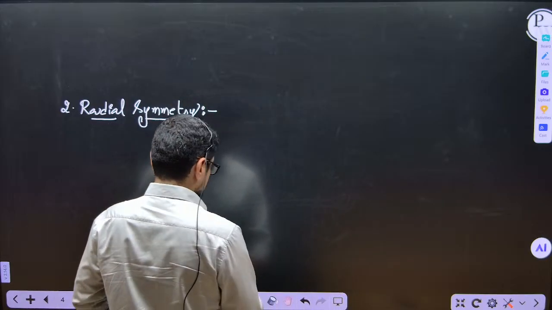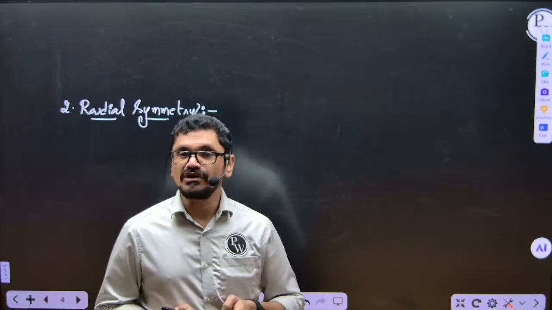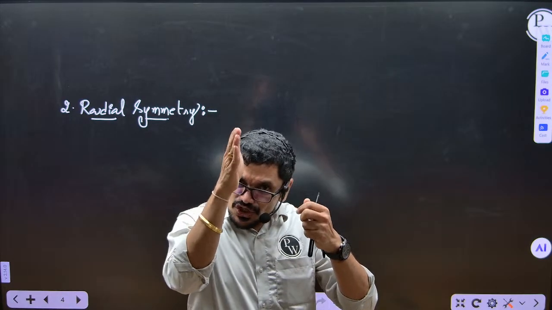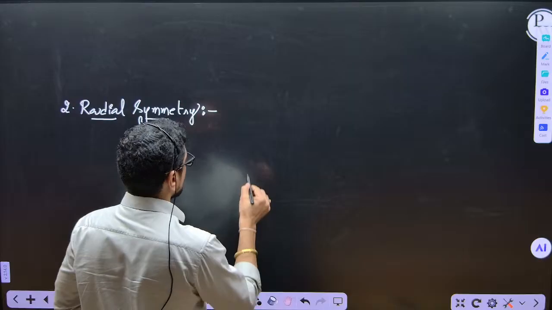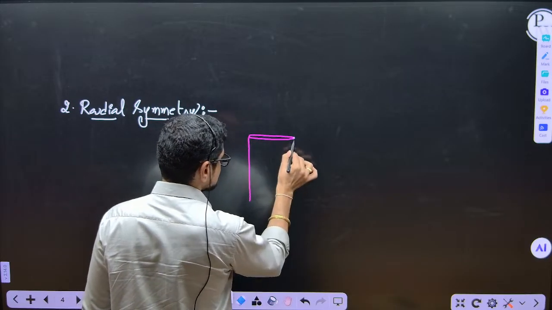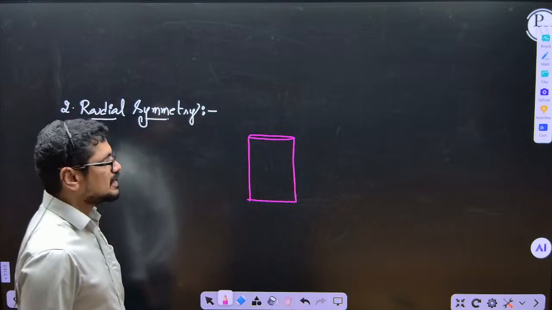Radial symmetry means here we can cut the animal into two equal halves, but the division should pass through the center. For example, imagine this is an animal.